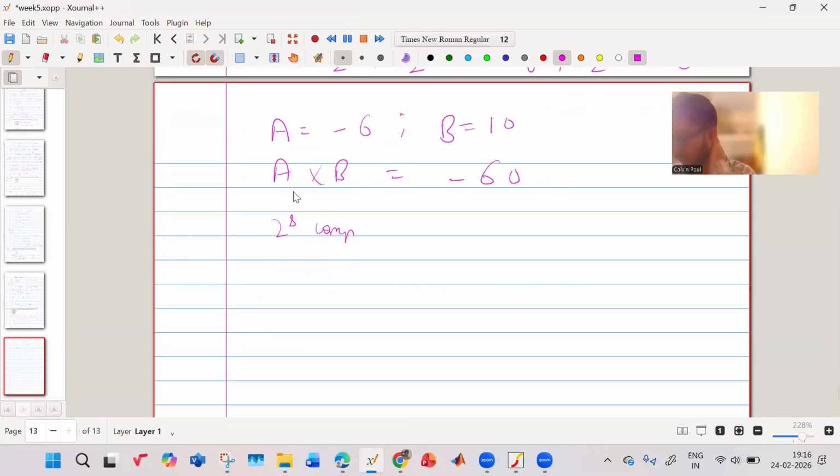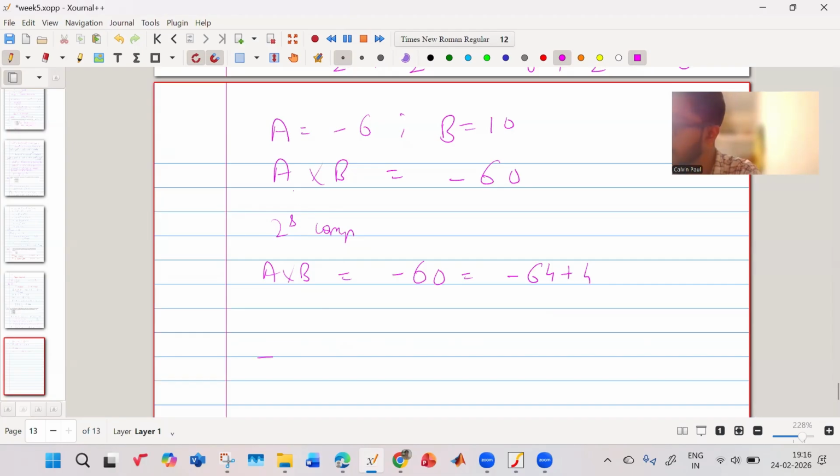So the easiest way is, you can write A into B, this is minus 60. It is actually minus 64 plus 4, right?